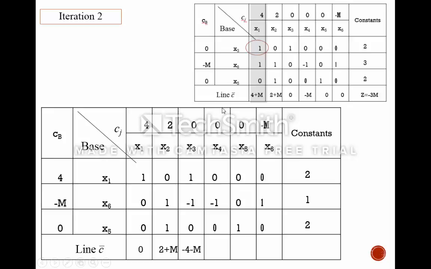And the fourth is 0 minus 4 times 0, minus m times minus 1, minus 0 times 0, and the result is minus m.